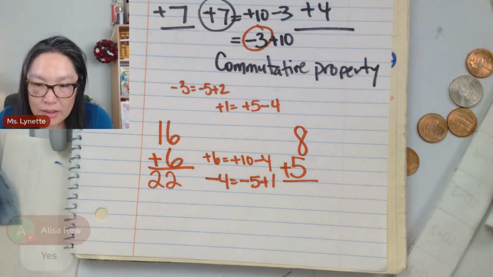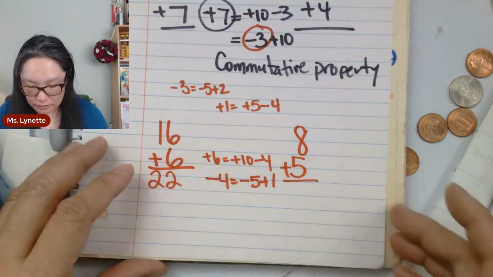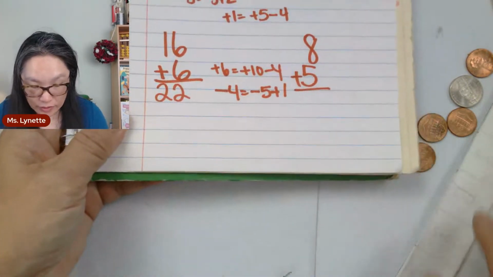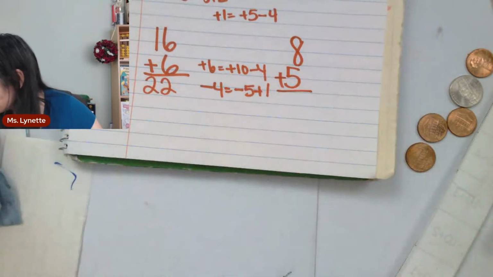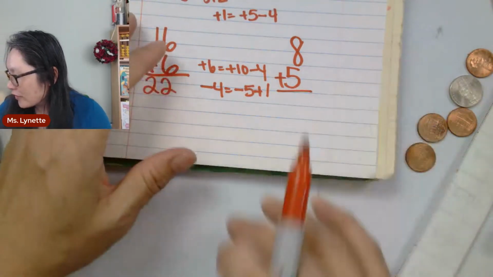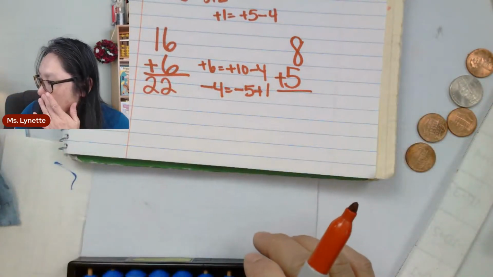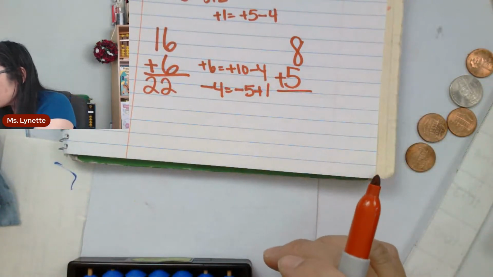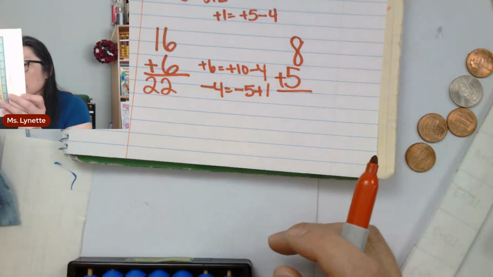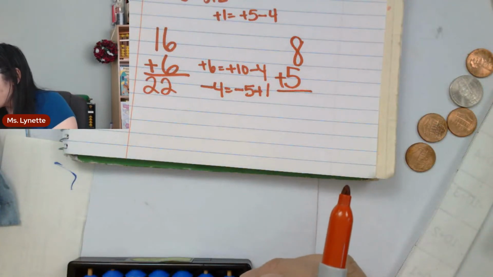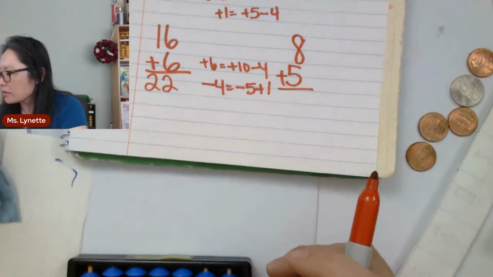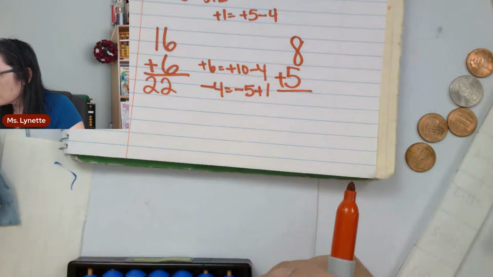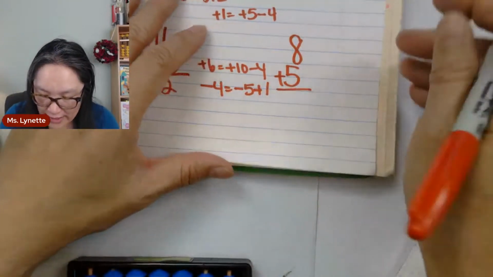Let's see. Can I do this one? If you notice, it's really just the same numbers. Okay, you know what? We'll do this one. We'll do 48.